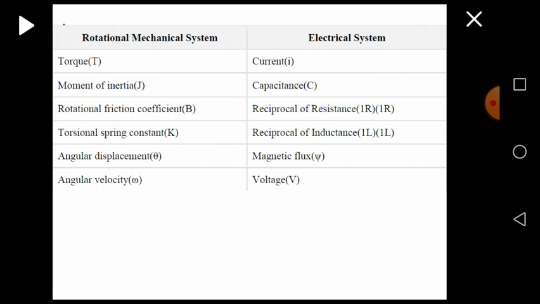That is, in the rotational mechanical system the torque will be converted in terms of the electrical system as a current I, and the moment of inertia will be converted in terms of a capacitance C, and the rotational friction coefficient will be changed in terms of the reciprocal of resistance, 1 by R, and the torsional spring K will be in terms of the reciprocal of inductance, 1 by L, and the angular displacement will be changed in terms of electrical as a flux, and the angular velocity will be changed in terms of the electrical system as a voltage V.